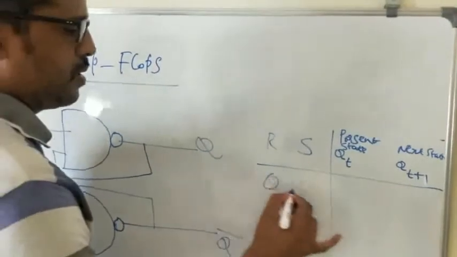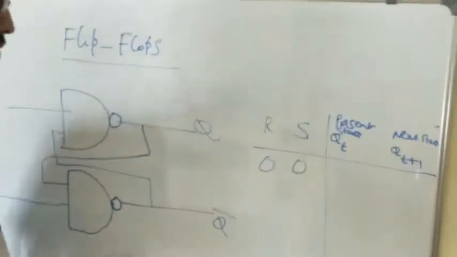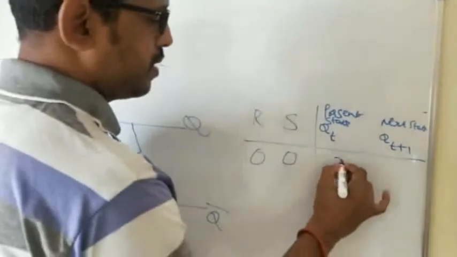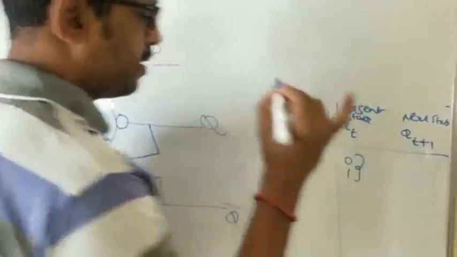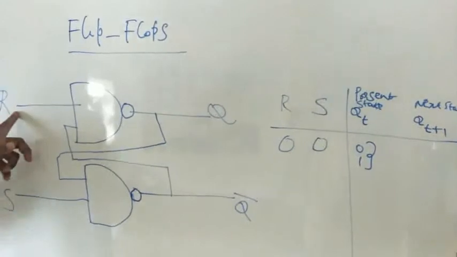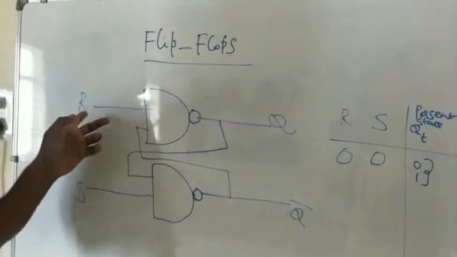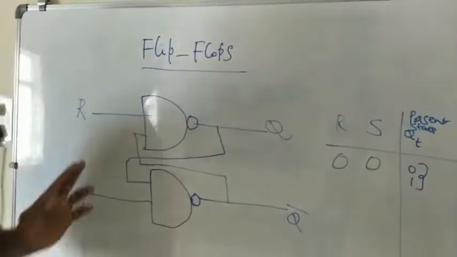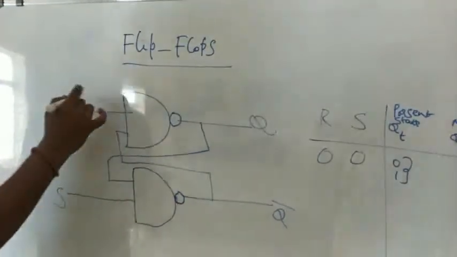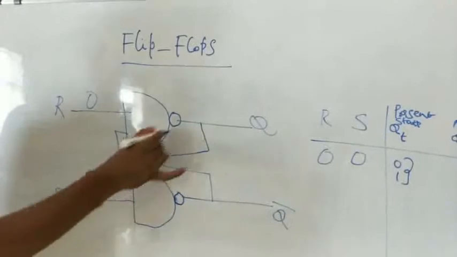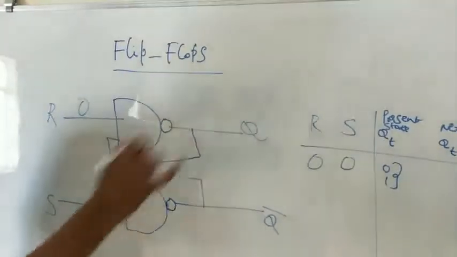Okay, 0, 0. When R is 0, if any one of the inputs is 0, the output of that gate becomes 1. If R is 0 and S is 0, irrespective of the second input, the output is always 1.